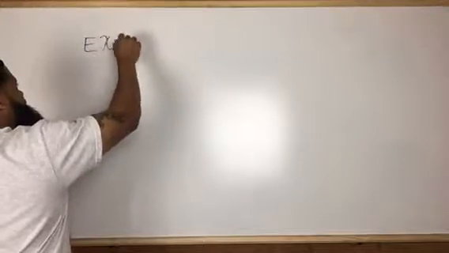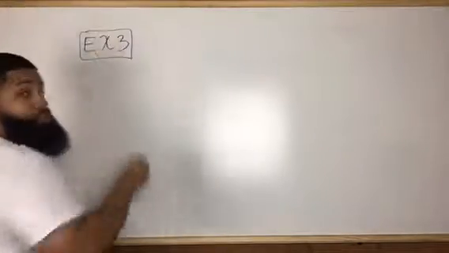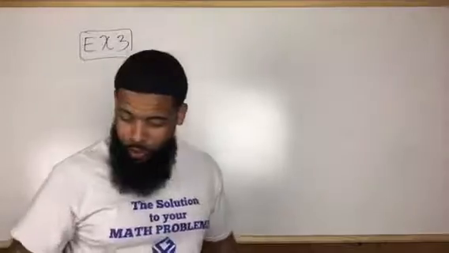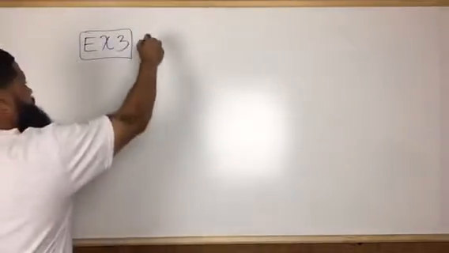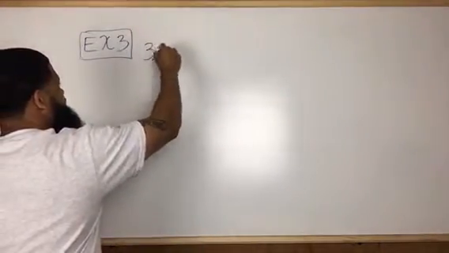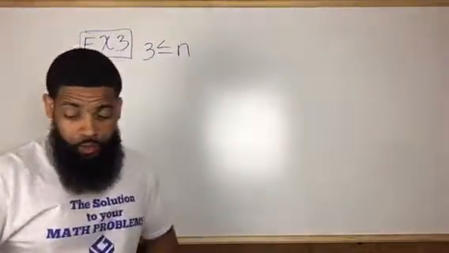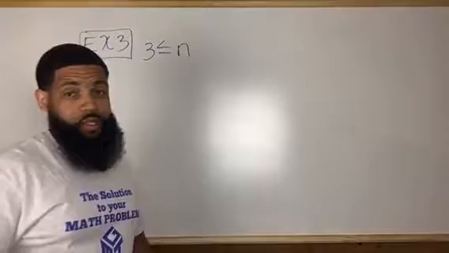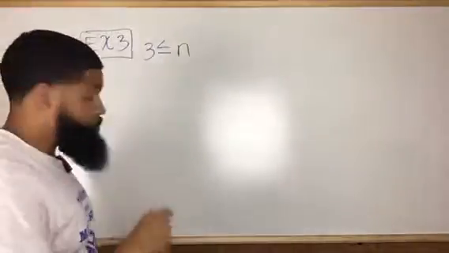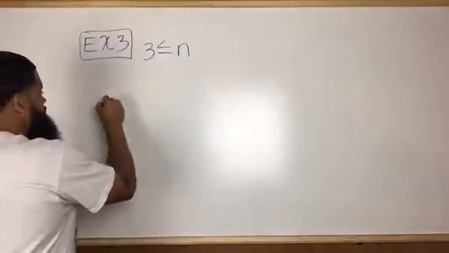Let's look at example 3, or as I like to say, example tree. All right, so example 3, we have 3 is less than or equal to n. All right. Now this one looks a little different because the number is on the left-hand side, but it's the same thing.